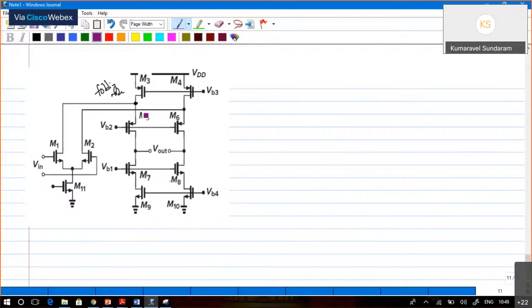Here, we can draw the half circuit. If you apply a differential signal, this is going to be grounded because you will apply equal signals in amplitude but opposite in phase. So at this point it becomes virtual ground. So M1 is going to be grounded. Here you are going to apply the input. This is VDD. I'm going to draw the half circuit. This is M3.